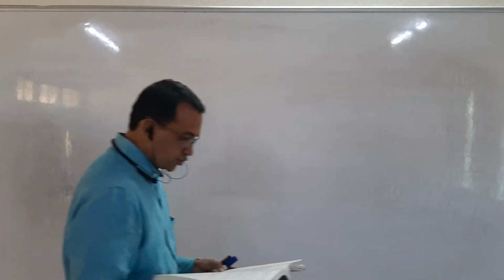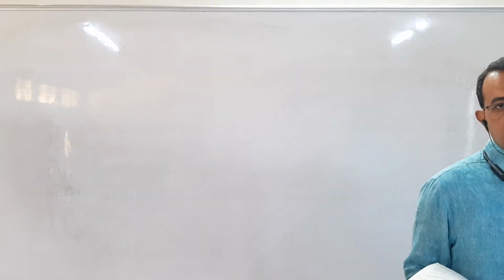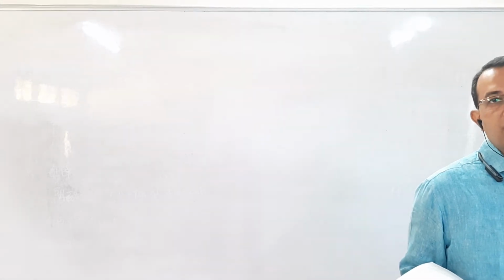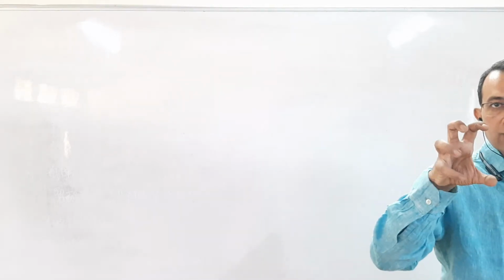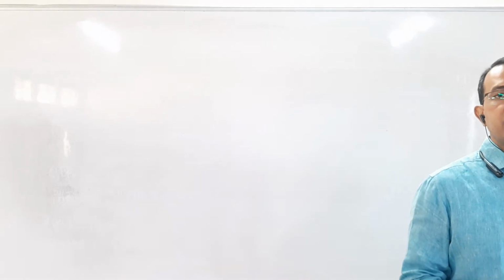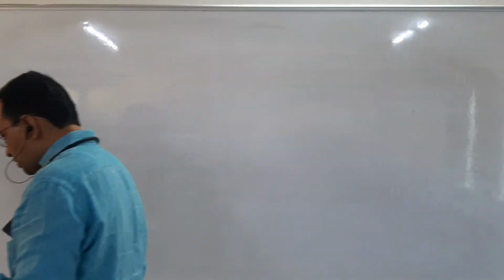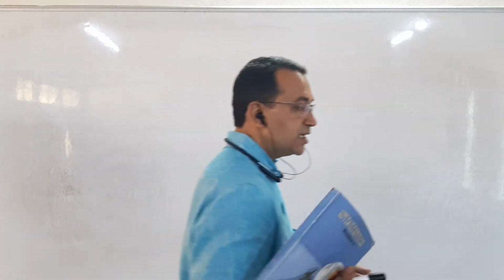Okay, students, pay attention. Our next question is explain what is meant by a measure of central tendency. A measure which indicates a central value of the given data, a central value around which the given data observations are situated, is called a measure of central tendency.